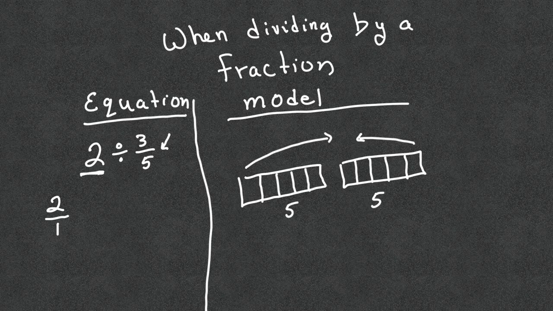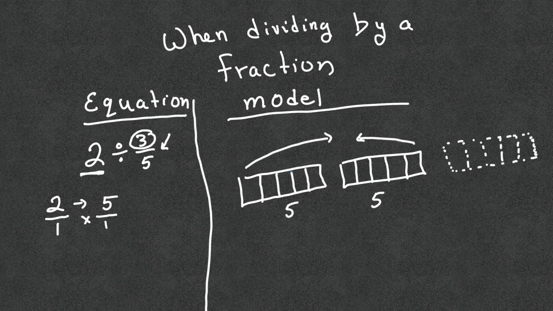So I'm taking this 2, and what I'm really doing is I'm going to be multiplying it by 5. When I do that, I need to know how many sections of 3, because I'm looking for 3/5. So in order to figure out how many 3/5 are in here, I'm actually going to be dividing this by 3 or multiplying it by 1/3.